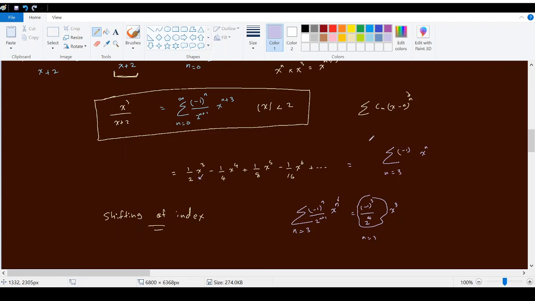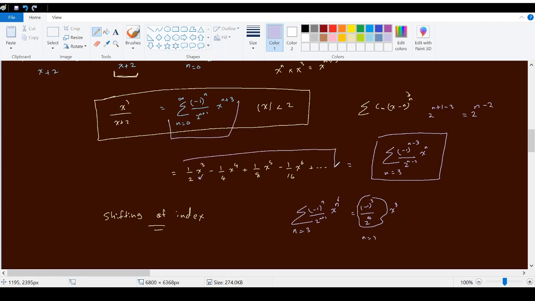If we reduce 3 and write n minus 3 here, and here also you have 2 to the power n plus 1, and if we reduce 3, you will get n minus 2. So if you write n minus 2, then you can see that by expanding this series as well as this series, you will get the same set of terms.